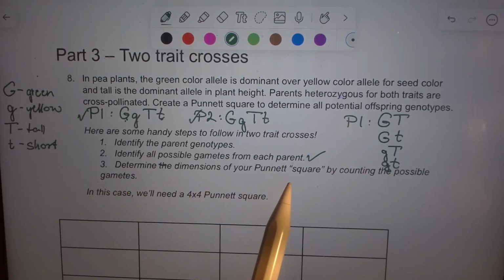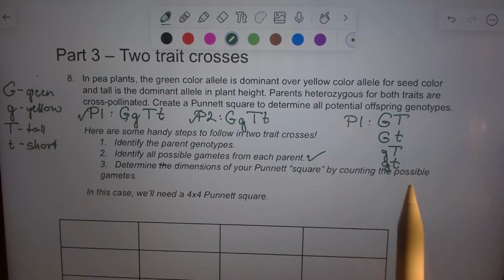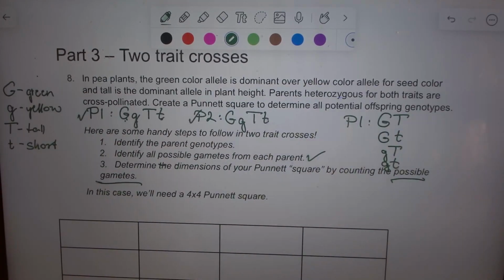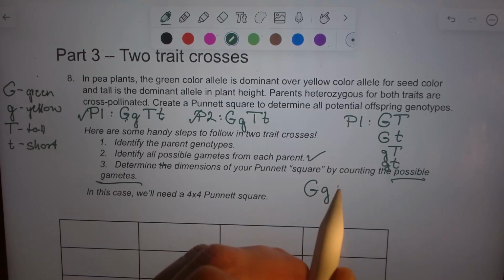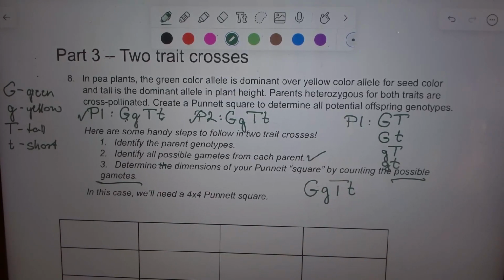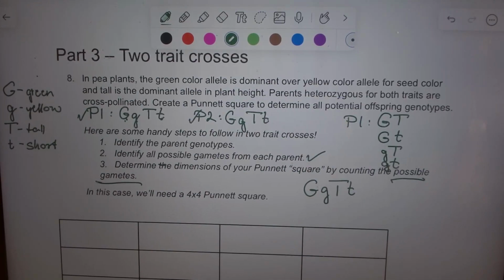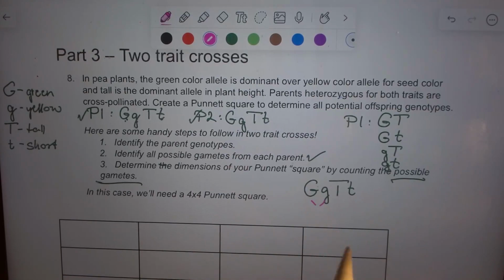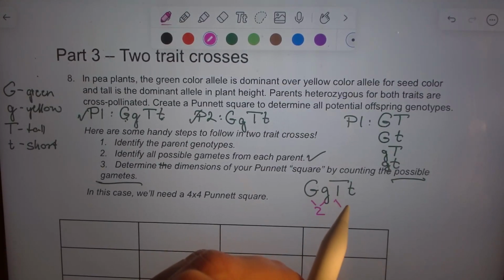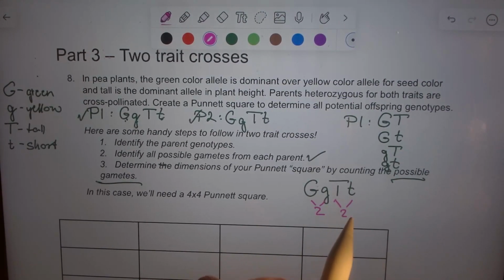Determine the dimension of your Punnett square by counting the possible gametes. Now, this is what I did not say in the previous practice, but please check it. If we have a heterozygous for both characters, how do we figure it out? The G's can sort out in 2 different ways, either capital or lowercase g, and the T's can sort out capital T, lowercase t.